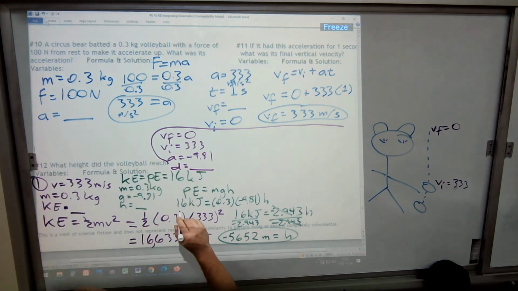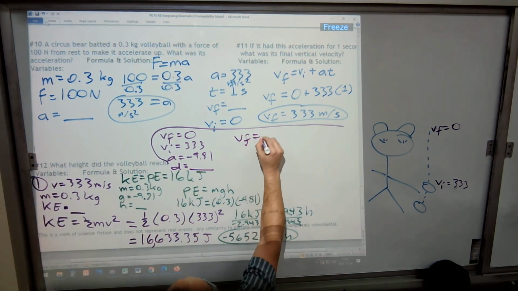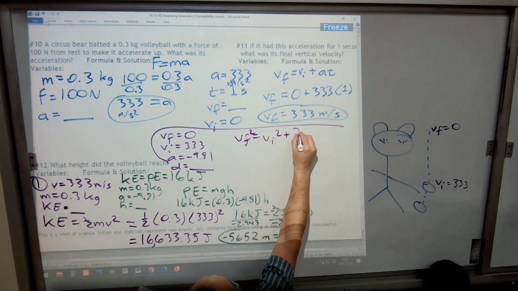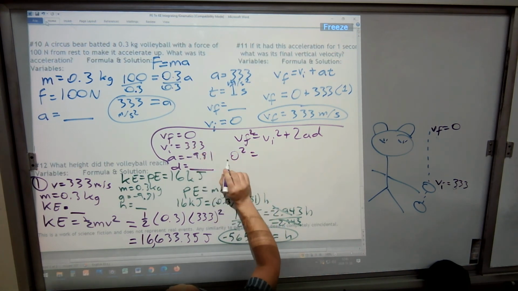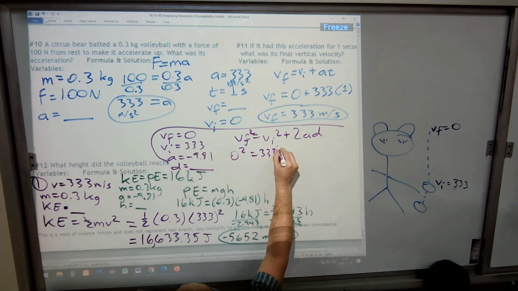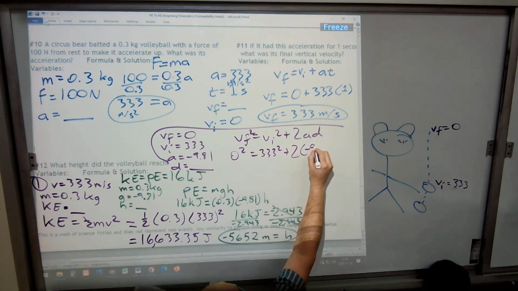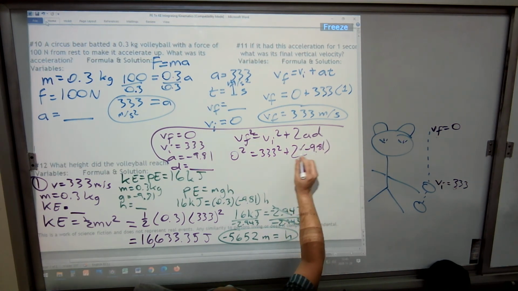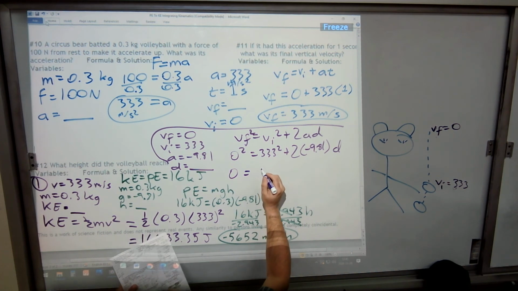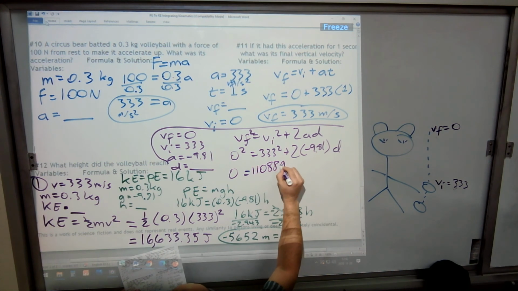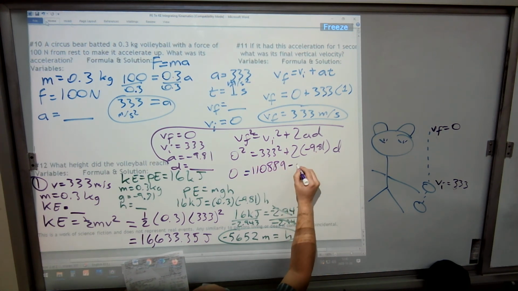This did not mention time, so we'll use the formula that does not mention time. 0 squared is 0, 333 squared is 110,889. 2 times negative 9.81 is minus 19.62.